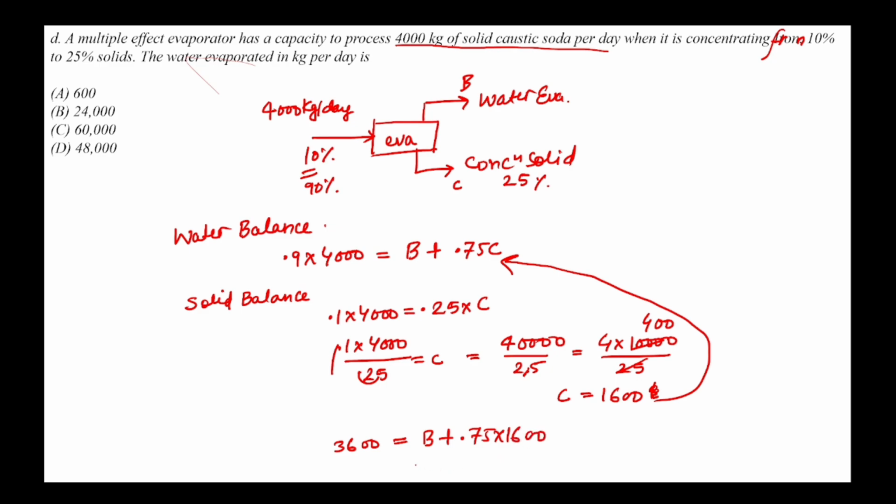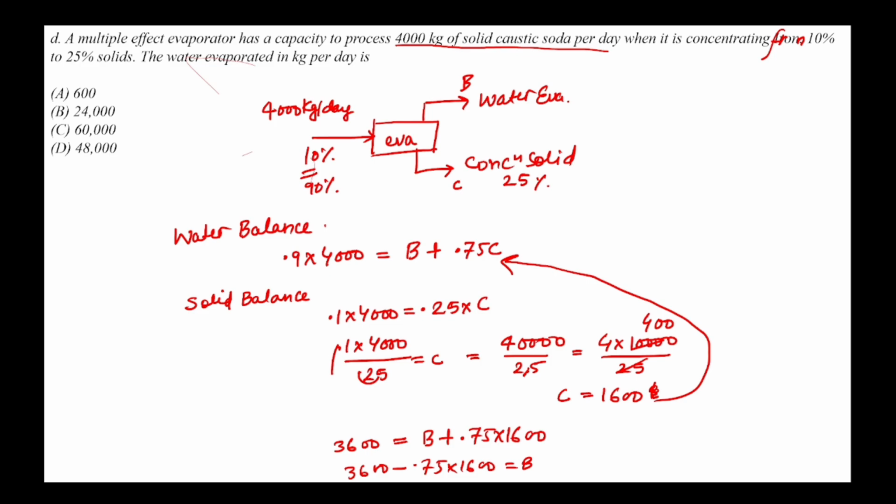So 3600 minus 0.75 into 1600 is equal to B. That gives 2400.